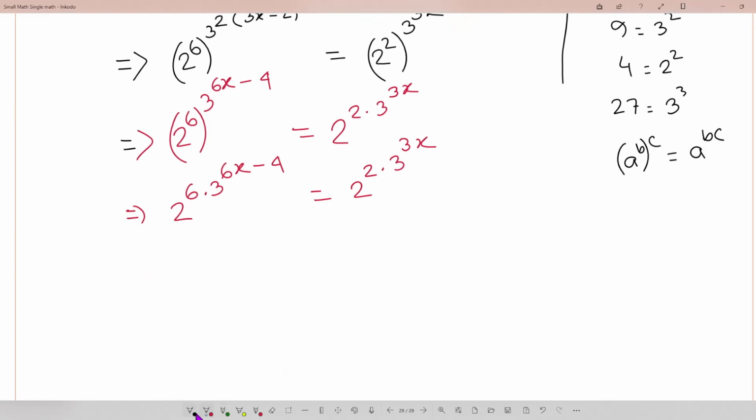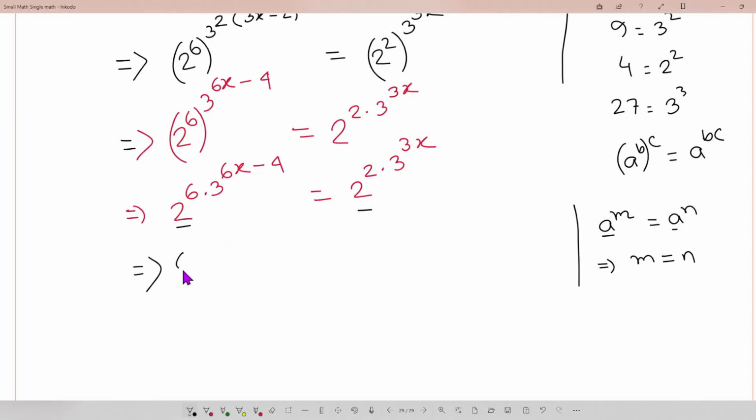Okay. Now look, here the bases are the same, so we can write a to the power m equals a to the power n. Once the bases are the same, the powers will be equal. It means m equals n. So same thing, bases are the same, 2 and 2, we can write the powers.